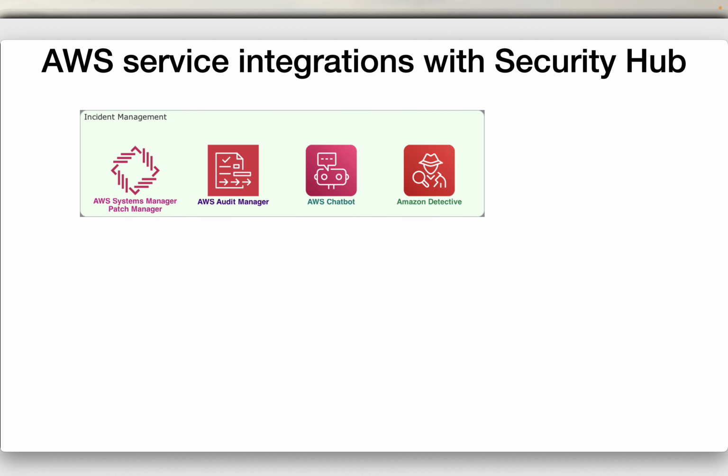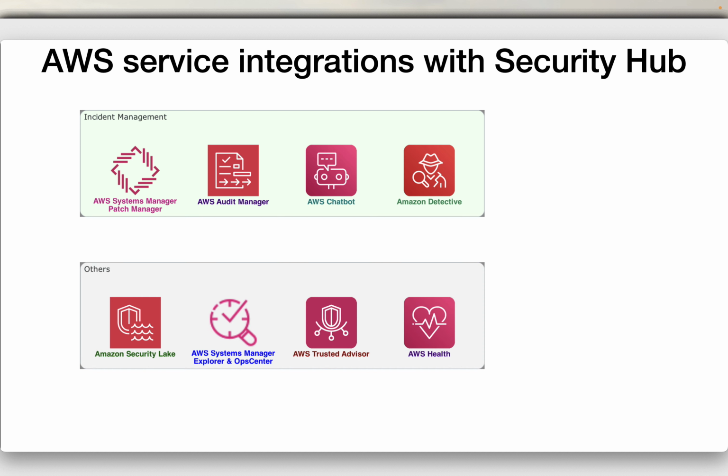Then under incident management, you have AWS Systems Manager Patch Manager, AWS Audit Manager, AWS Chatbot, and Amazon Detective. And other AWS services are Amazon Security Lake, AWS Systems Manager Explorer and OpsCenter, AWS Trusted Advisor, and AWS Health.